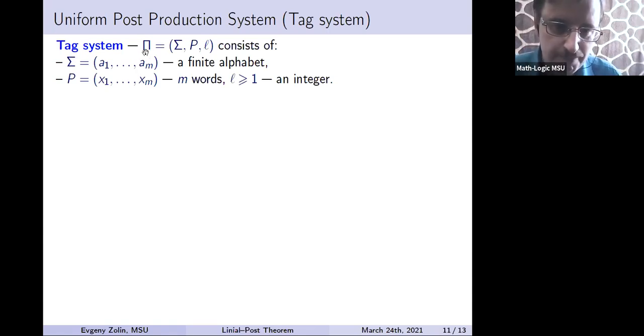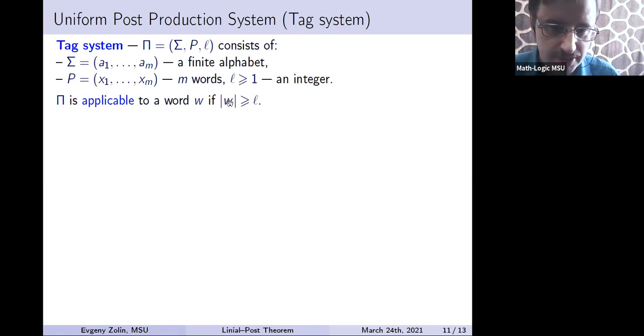How can we apply this system pi to a word? If a word W has length at least L, then we say that our system pi is applicable to it. If it is a shorter word, then our system is not applicable to this word. The system pi stops on this word.